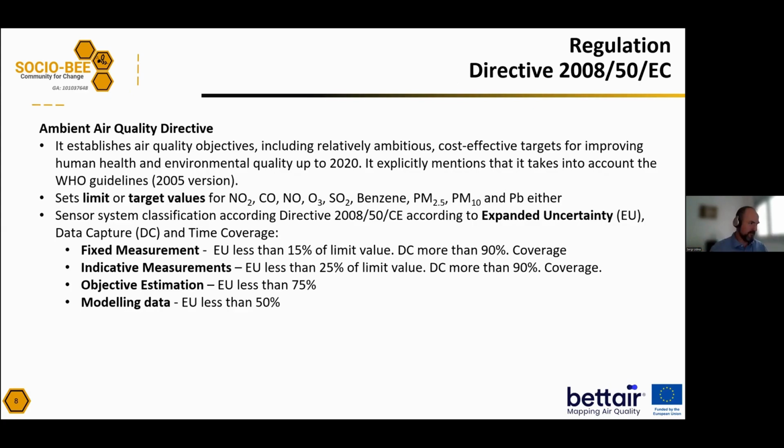So there's different purposes. There's the fixed measurement, which are the official reference stations, indicative measurements that are almost as good as fixed measurement or comparably good, which can be used for regulatory purposes, and then objective estimations that can have a degree of regulatory value, but are less precise than indicative measurements, and modeling data which cannot be used for regulation.